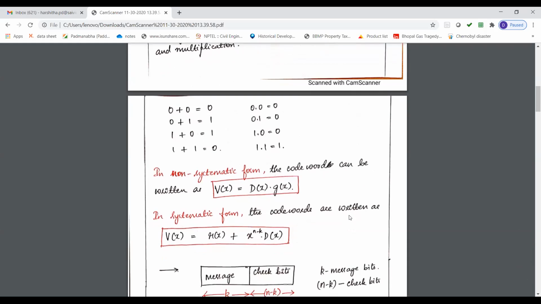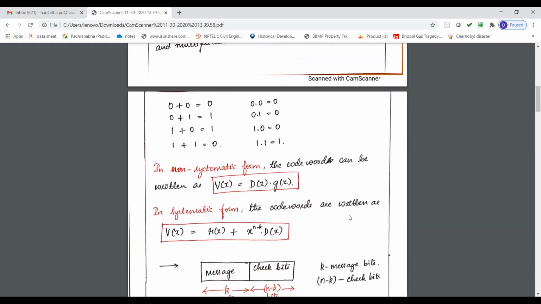These code vectors under binary cyclic codes can be represented in non-systematic form and systematic form. First, we'll understand the non-systematic form. In non-systematic form, the code word is represented as v of x equals the product of d of x and g of x, where d of x is the message vector and g of x is the generator polynomial.